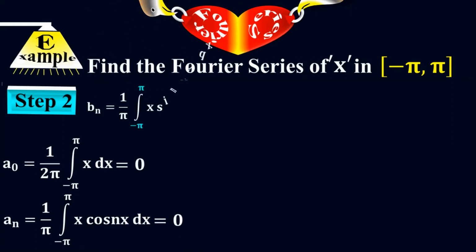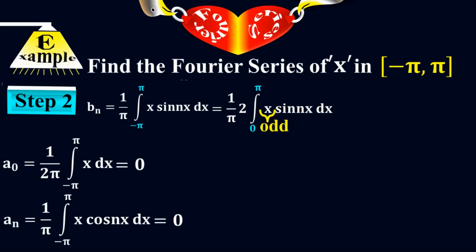Now I'm going to take b sub n, which equals 1 over pi times the integral of x times sin nx dx, which equals 2 over pi times the integral of x times sin nx dx, with the range from 0 to pi. I just changed the limits to 0 to plus pi and multiplied by 2. The given function f of x equals x, which is an odd function.